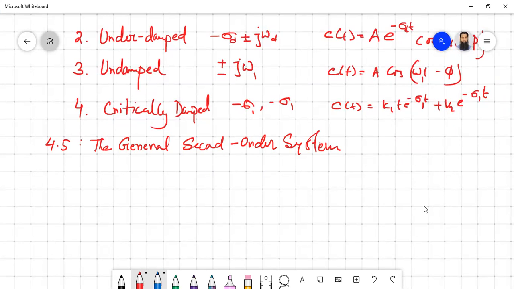Two quantities are required. One is called the natural frequency, and the other one is called the damping ratio.